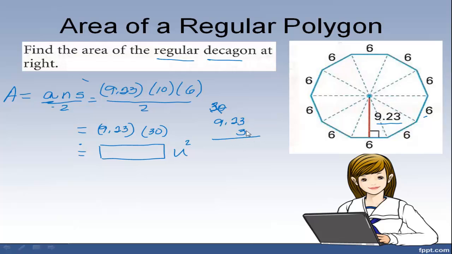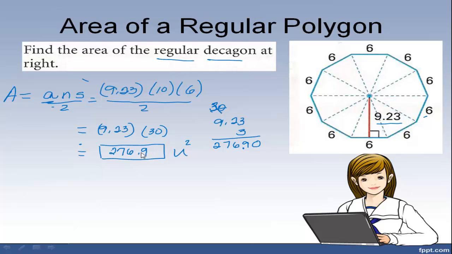Let's multiply these. This is 9, 6, 27. And then there's a 0 here. And we move 2. Yep, that makes sense. 276. 9 times 30. So this area, I just multiplied this, is 276.9 squared units.